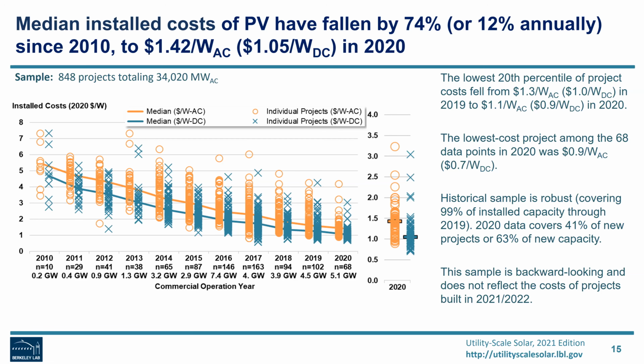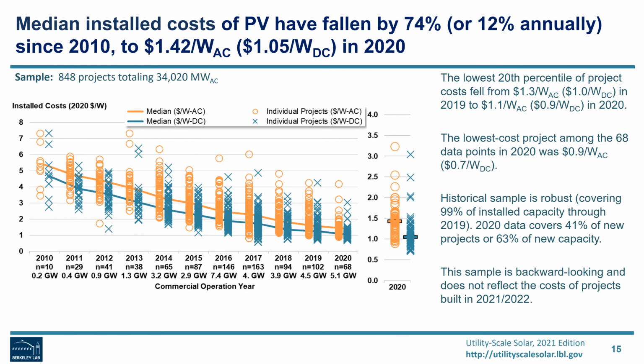As you can see, the median installed costs of PV have fallen continuously by about 12% a year, or nearly 75% since 2010, to $1.42 a watt AC or $1.05 a watt DC in the year 2020. While there's still a bit of a price spread among projects, really expensive outliers above $2 a watt have become less common.